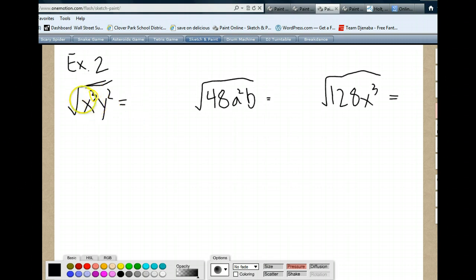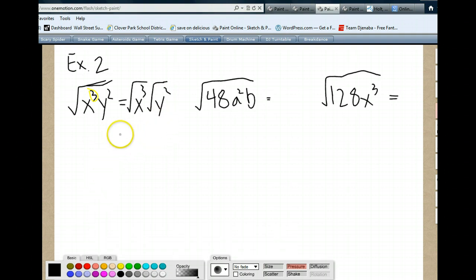So from this step, I want to go x, square root x cubed, and then square root y squared.